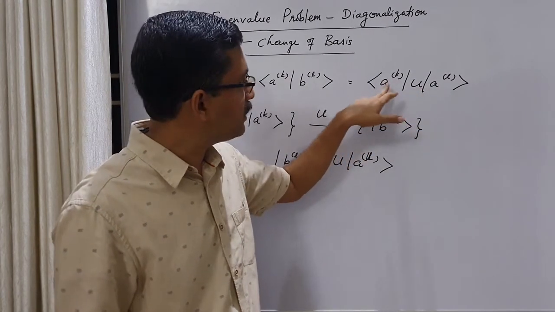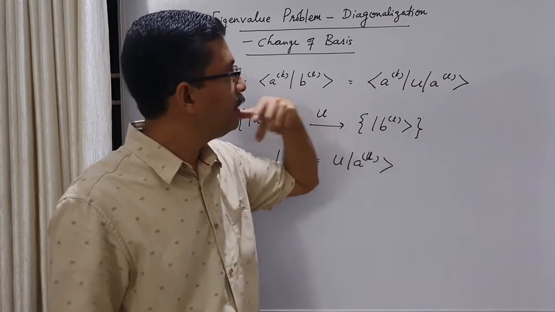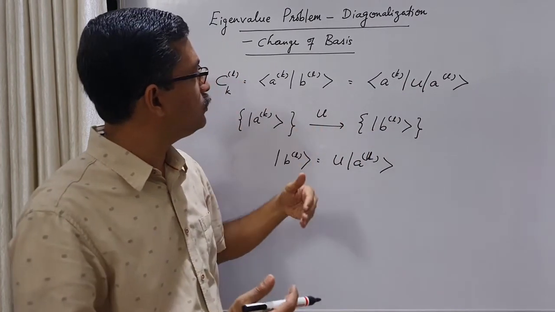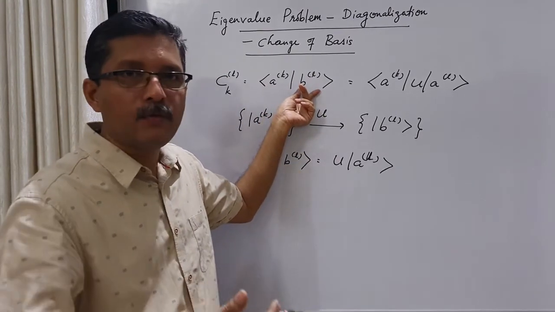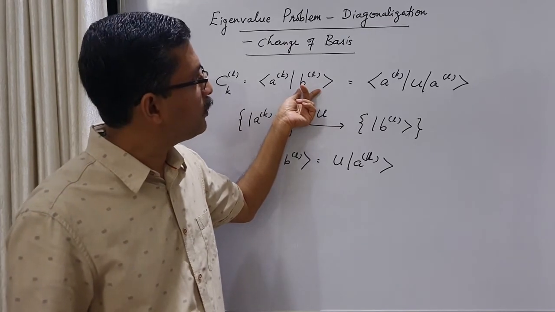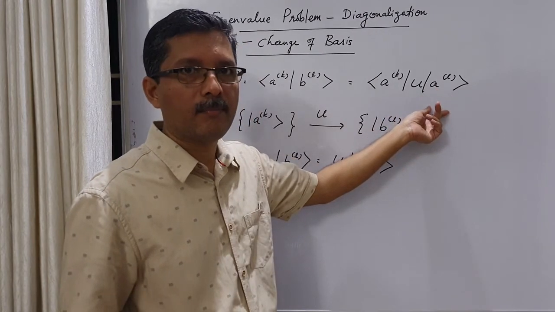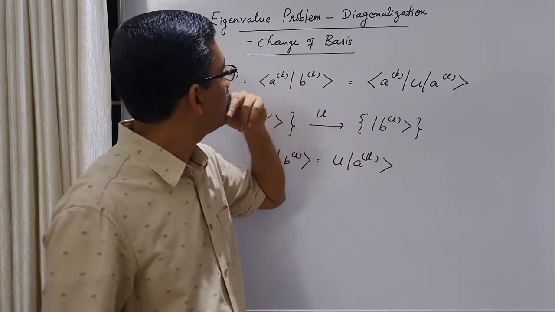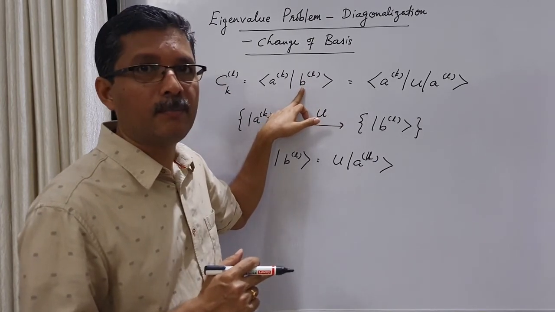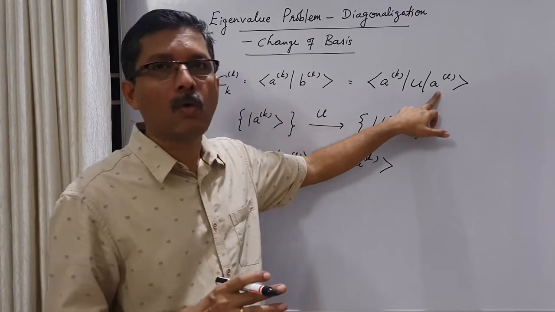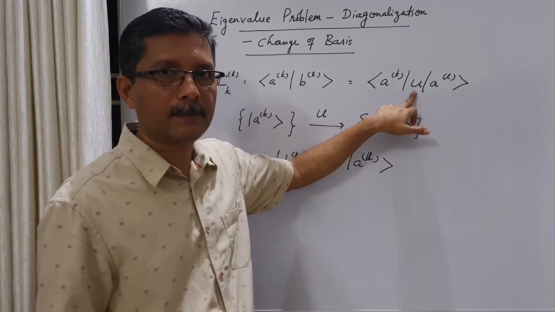If you go to the next component, what you get is the next element in the Lth column. My point is that the Lth eigenvector of B constitutes the Lth column of this unitary operator.